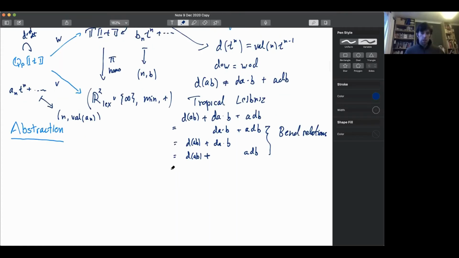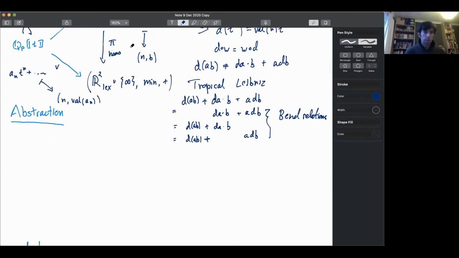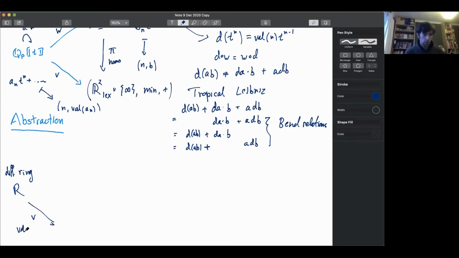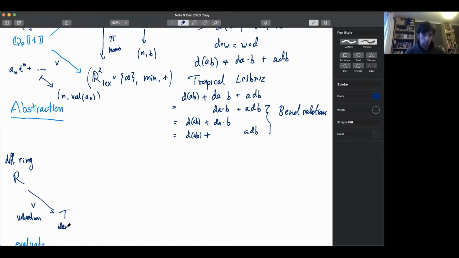Okay, so now I want to look at an abstraction of this setup up here. The abstraction is going to be: we're going to have a differential ring, R. I'm going to have a map V, which is a valuation, to some idempotent semi-ring T. And if I ever forget to say idempotent, every semi-ring in this talk is idempotent.